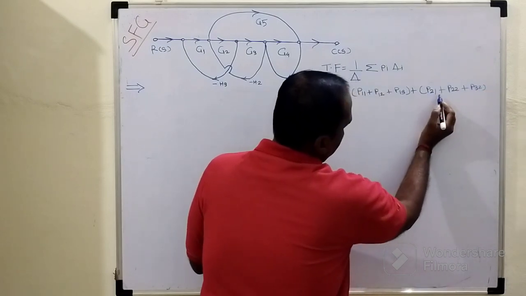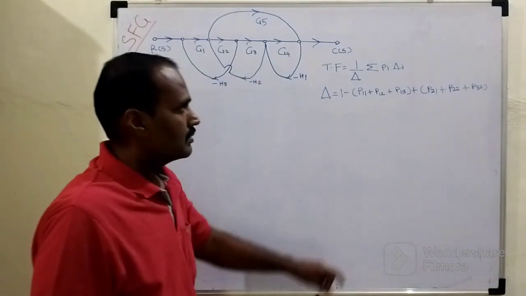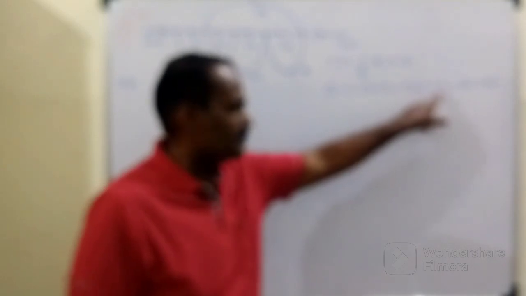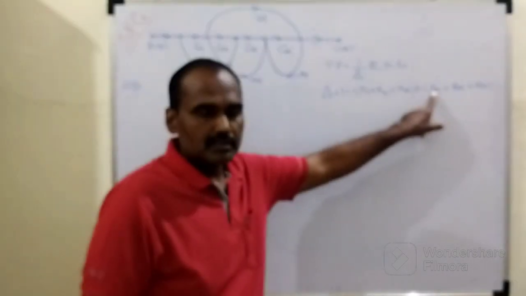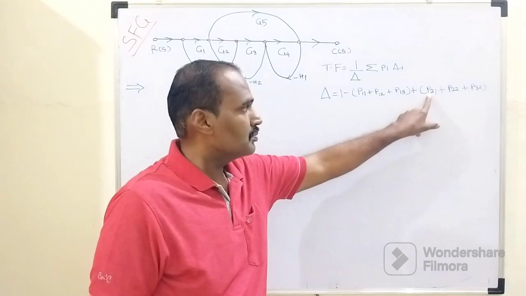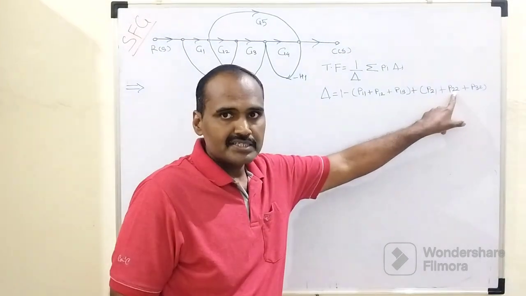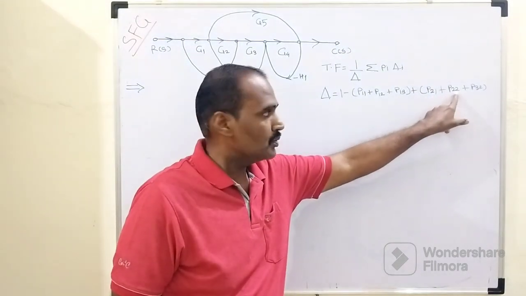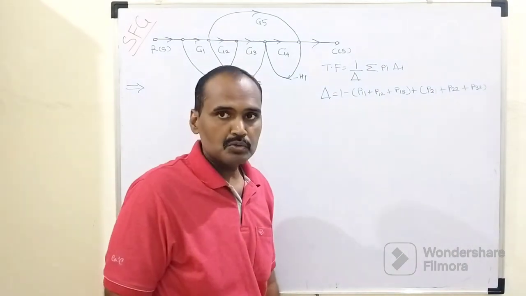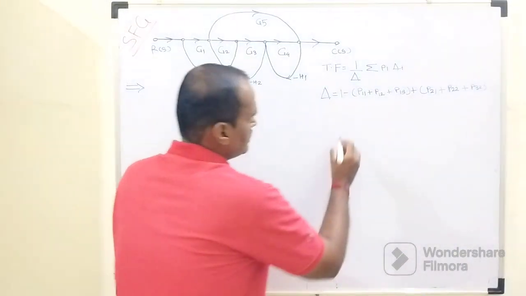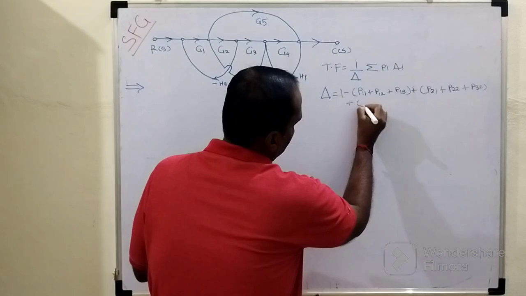What it means is the summation of the product of the first 2 non-touching loop gains, the product of the second 2 non-touching loops and the product of the third 2 non-touching loops, as far as the second parenthesis is concerned.